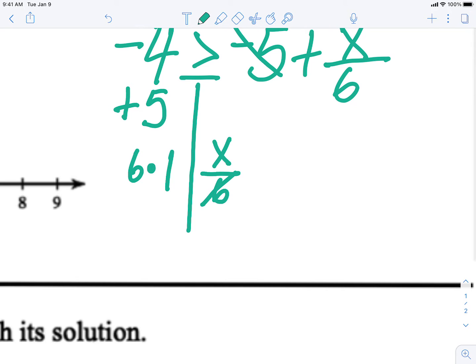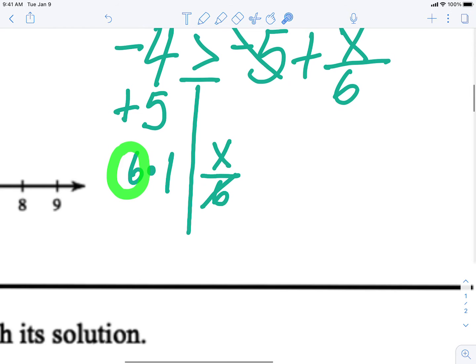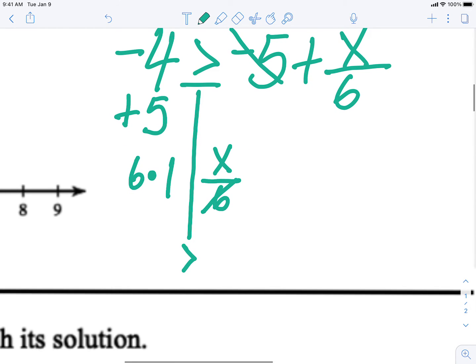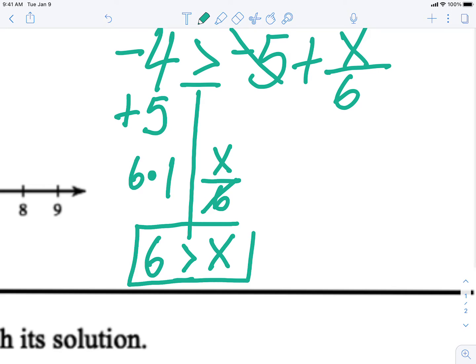So since this is not a negative, I'm not multiplying by a negative here, this arrow is going to stay the same. Right? So I can write this arrow the same. So my x comes down, and 6 times 1 is 6. And there we go.